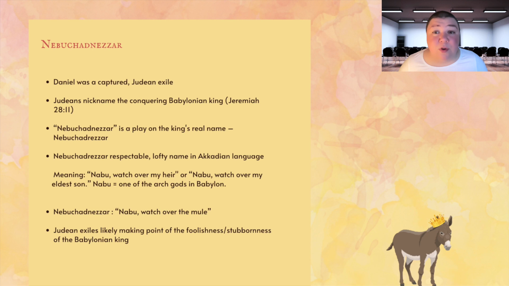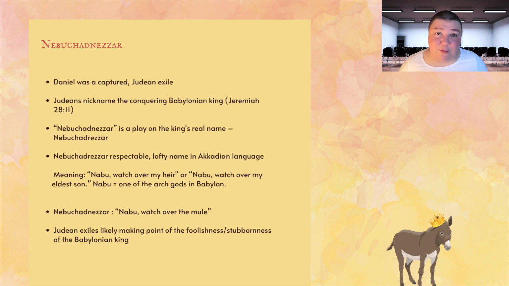It meant Nabu, watch over my heir, or Nabu, watch over my eldest son. Nabu was the name of one of the arch gods in Babylon. But Nebuchadnezzar makes a play on the language and causes the name to mean Nabu, watch over the mule.